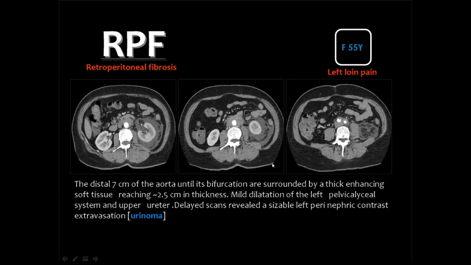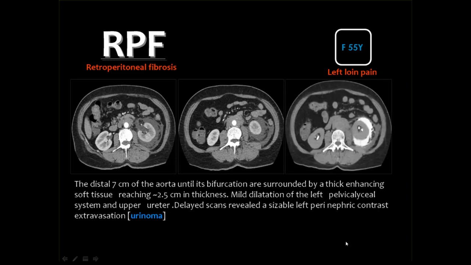In this case, you get an enhancing soft tissue density encasing the aorta as well as the common iliac arteries, and the left kidney is surrounded by a halo of fluid density, and this halo was proved to be just leaking urine.